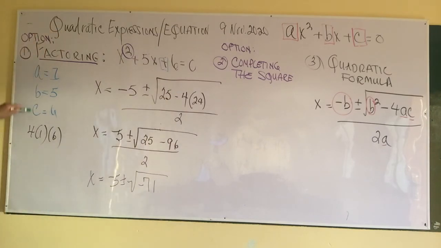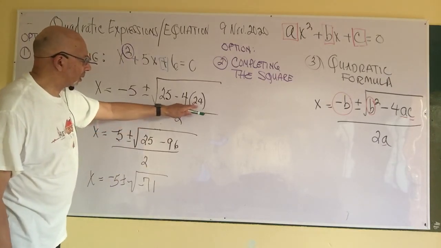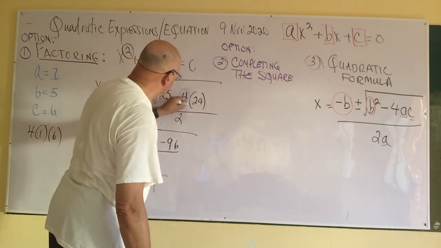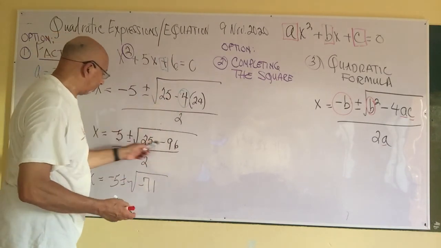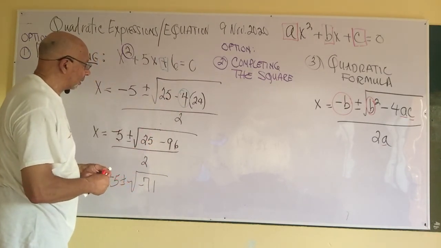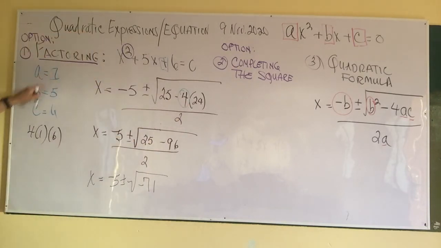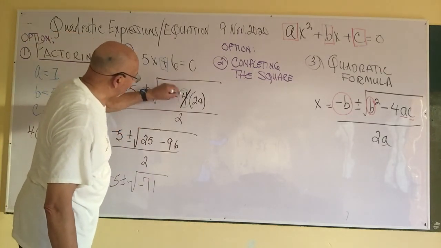A is 1 and c is 6, so that's 4 times 1 is 4, and 4 times 6 is 24. So here I kept the 4 times 24 as if that was right. So this 4 made the subtrahend bigger than the number, so that was wrong. So this is not 4 times 24, it's 4 times 1 is 4, and 4 times 6 is 24. So here's my error right here.